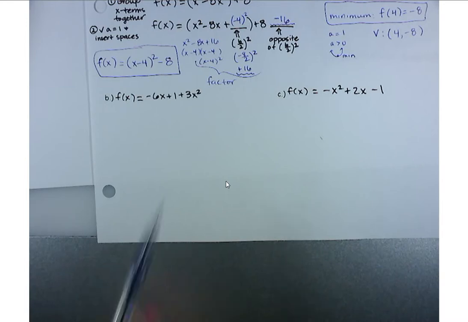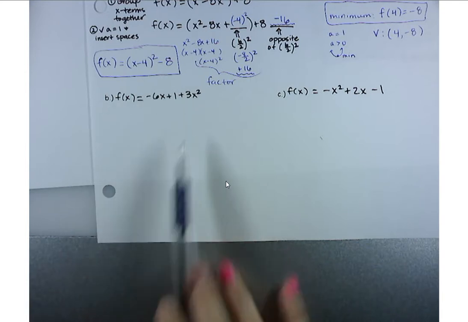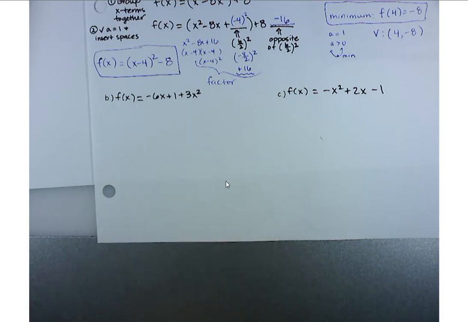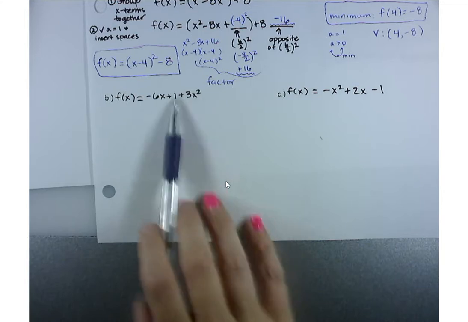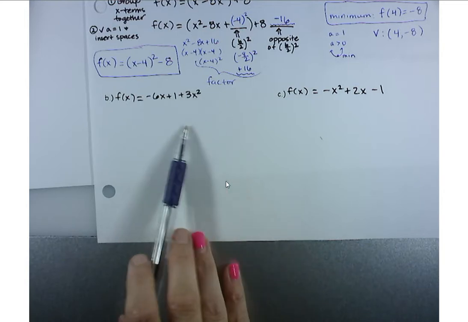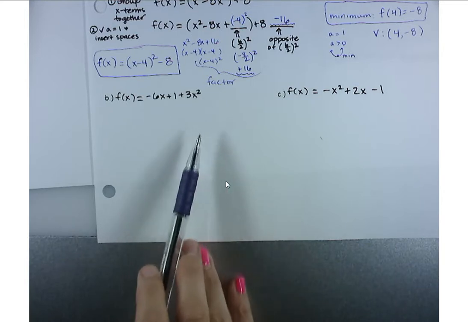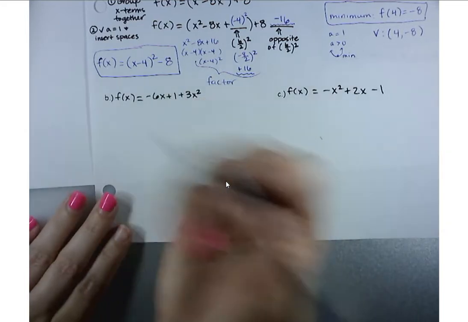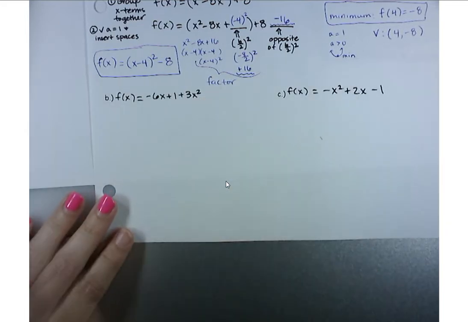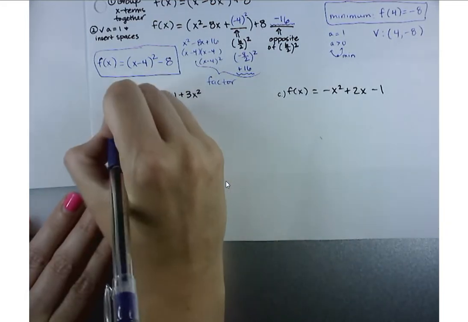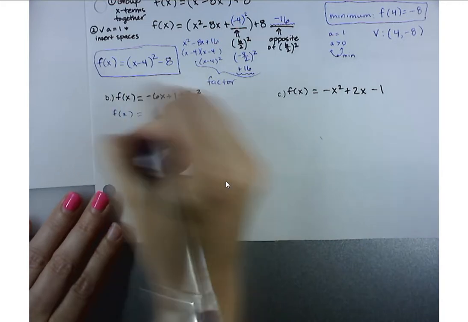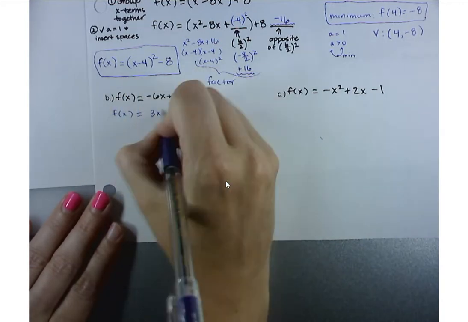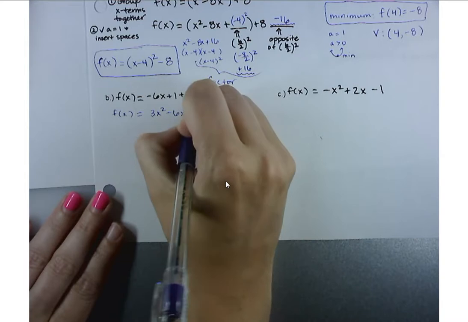Do you know why I said this one looks a little different? It's not in the order of ax squared plus bx plus c, so that's what I would do first. Make sure it's in what we would usually think of as standard form. So we'd have f of x equals 3x squared minus 6x plus 1.